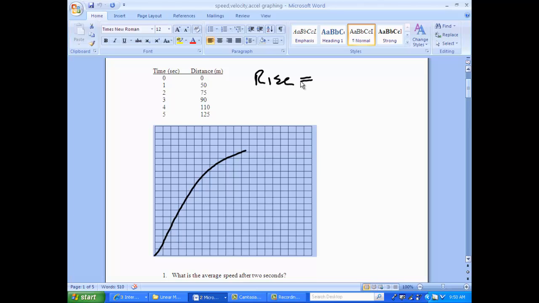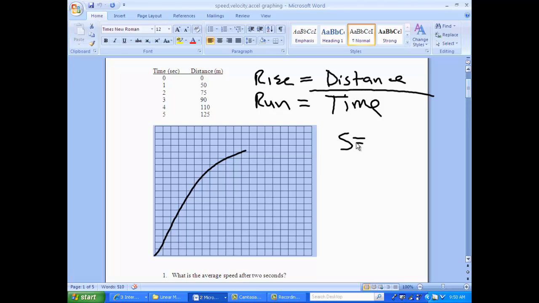Is it your time or is it your distance? Distance. So your rise is going to be distance. Your run is going to be time. So look, there it is. You have your distance divided by your time is equal to your speed. That's the formula that we talked about last class.